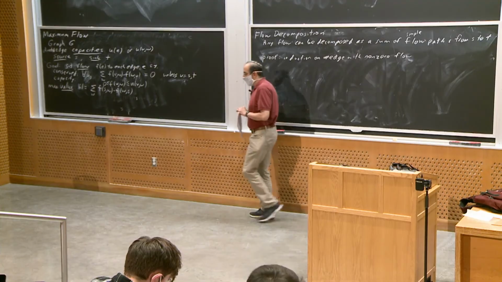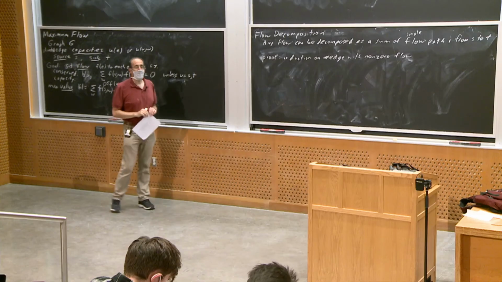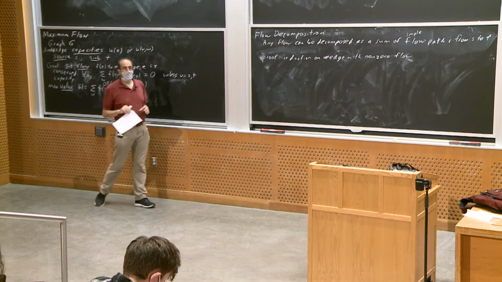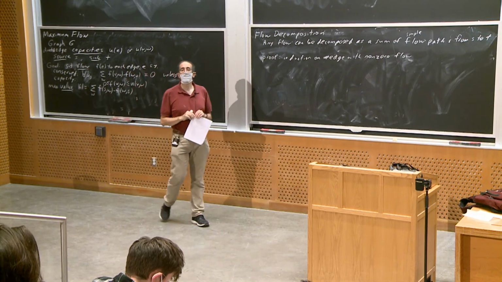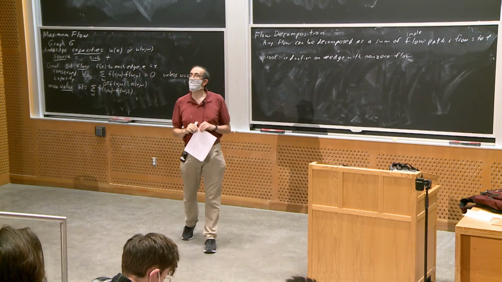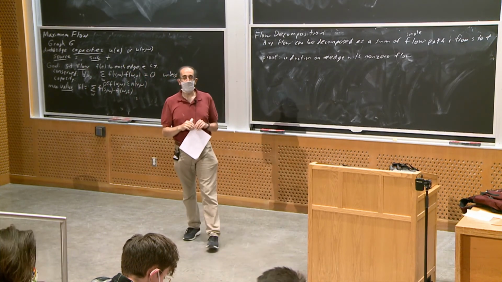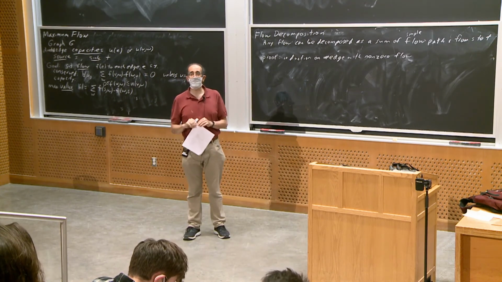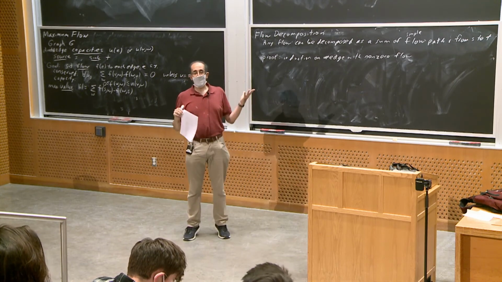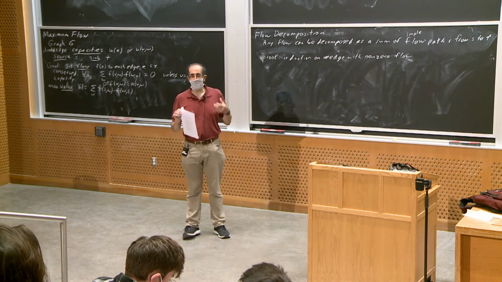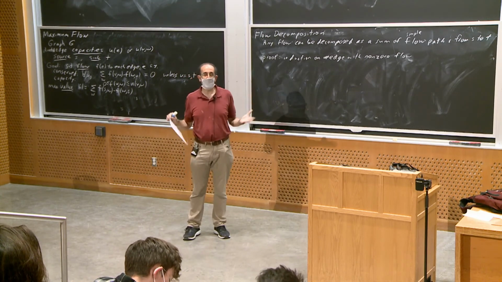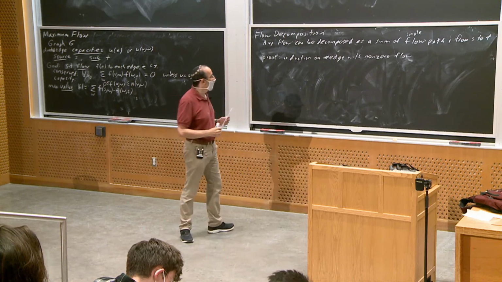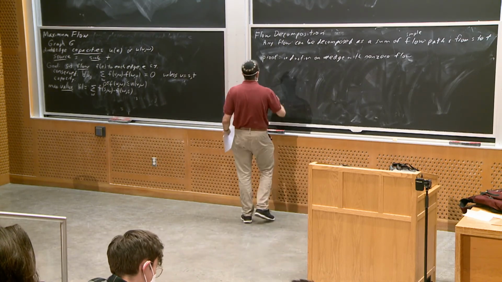Okay? So the base case is what? The zero flow everywhere, that was already brought up. That's the simplest of all flows, right? And that flow can be decomposed as a collection of no paths, right? So that works.